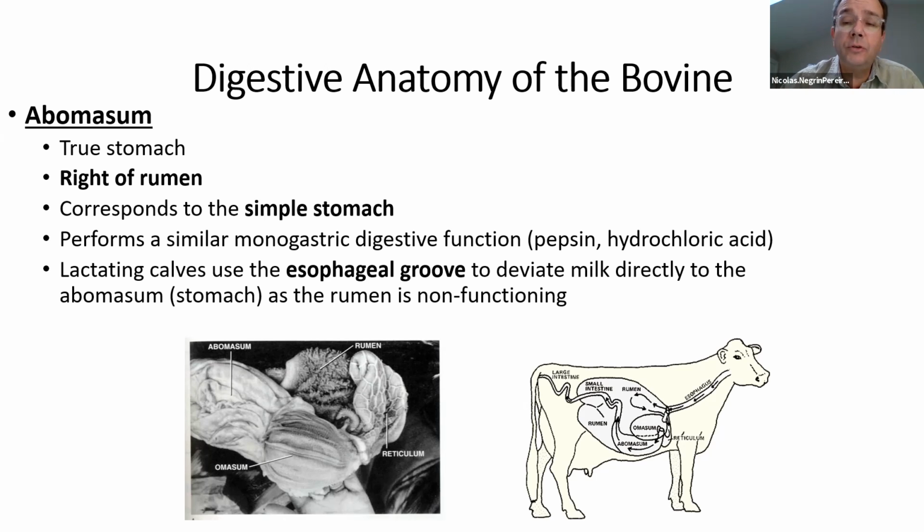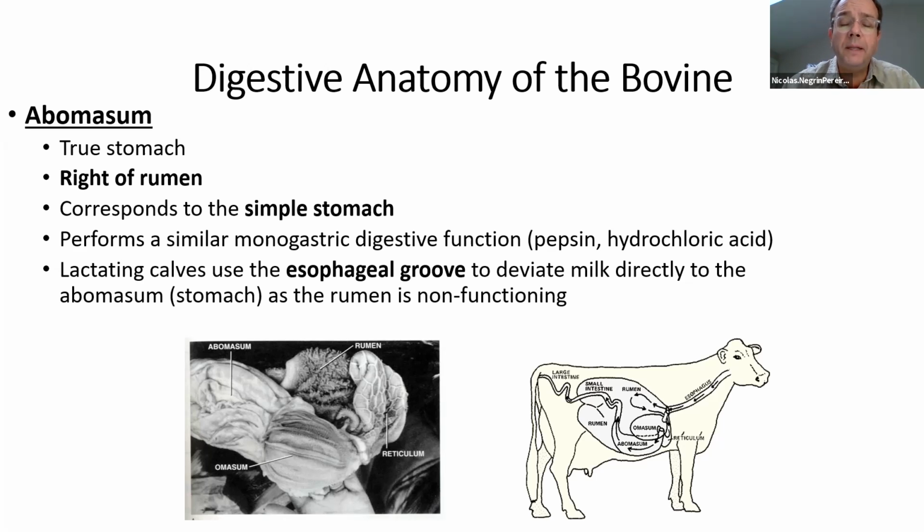And what it will do plays a very important role, because it will deviate the milk directly to the abomasum. So from the esophagus, it will go right to the abomasum, bypassing the rumen, the reticulum, and the omasum. So why is that important? Well, think about a lactating animal that has not yet developed a microbial population in the rumen.